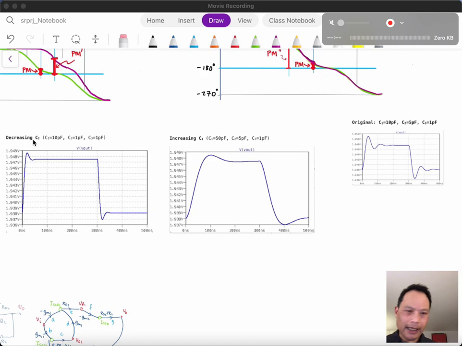In this case, decreasing C2 is nice. If you recall, C2 is at the output. So that would imply that if we could reduce the load capacitance on the amplifier, then we'd reduce the ringing, and it would still be relatively a fast response.